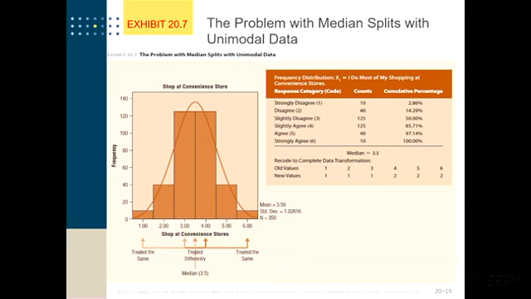Now, these are the responses you get. Strongly disagree 10, disagree 40, slightly disagree 125, slightly agree 125, agree 40, and strongly agree 10. So you have 6 response options, and these are the number of responses you get.